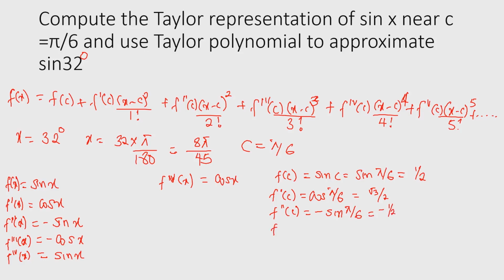The third derivative is equal to minus cos pi over 6, which is negative root 3 over 2, and the fourth derivative is sine pi over 6, which is 1 over 2. And finally the fifth derivative is cos pi over 6, and that is root 3 over 2.